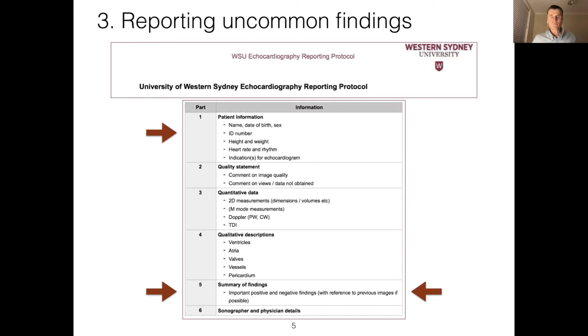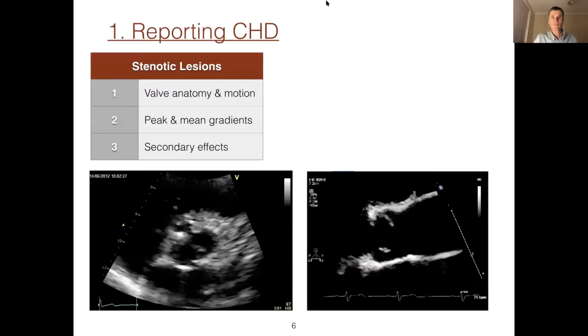But having briefly mentioned that, I want to spend most of my time talking about how to summarize and how to report congenital heart disease and provide a good summary of what the images and measurements show.